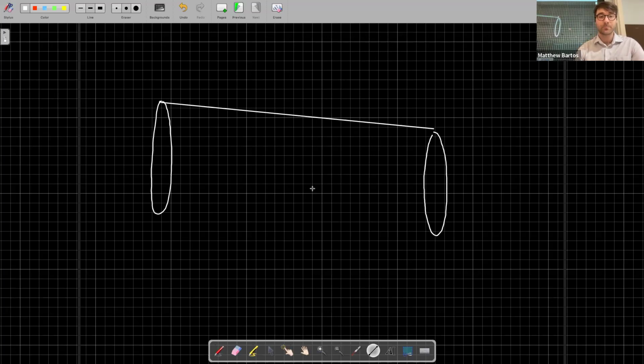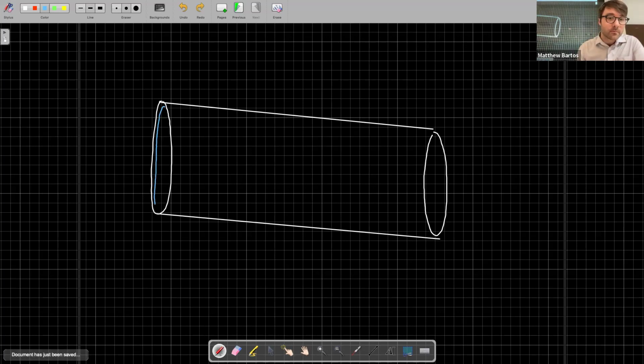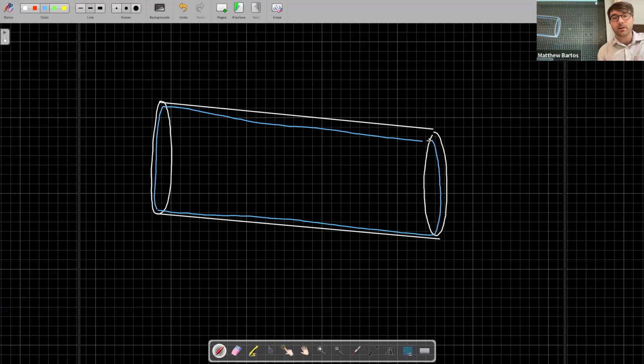So here's our pipe. And let's say it's flowing completely full of water. Got this blue line here. This is the water in the pipe.